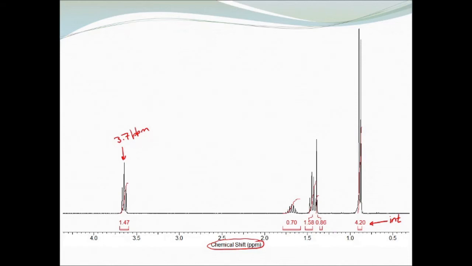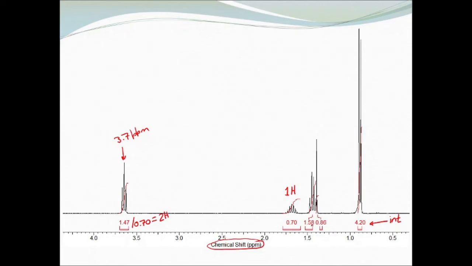That is an integration. And again, we are dealing with an unknown, so we will divide each of these integrals by the smallest. 1.47 divided by 0.70 tells us that this is roughly 2 hydrogens. 0.7 divided by itself is going to be 1 hydrogen.